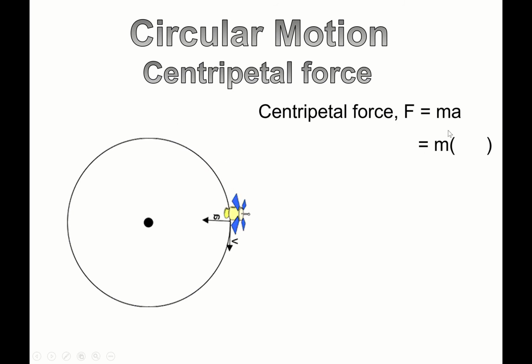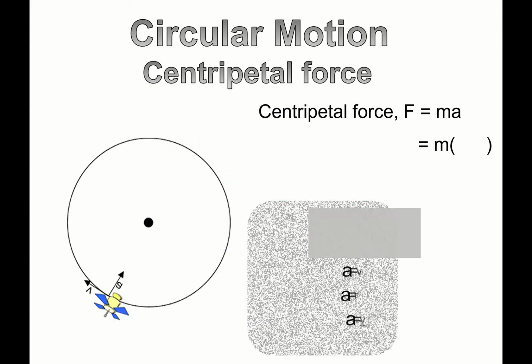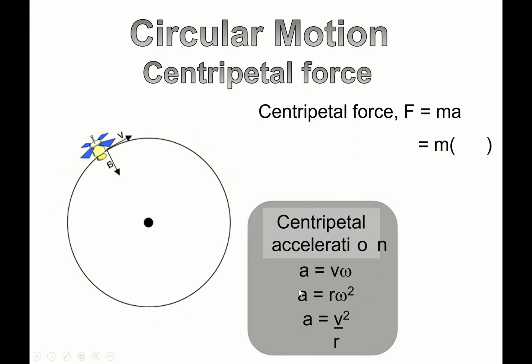We can substitute the centripetal acceleration from the previous video in circular motion part 2, where we get a equals v omega, or a equals r omega squared, or a equals v squared per r. So if we substitute v omega, we get F equals m v omega.